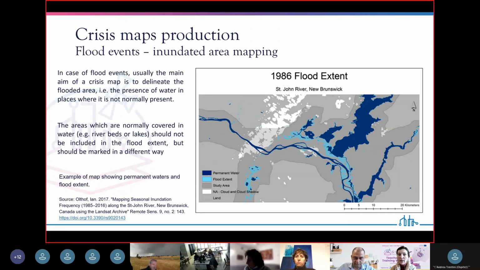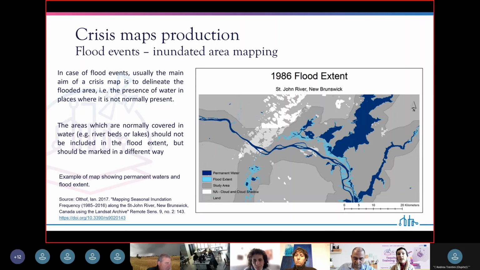So how can we get that information? We need to access other maps showing which are the rivers or the lakes existing over the area of interest. Or again, we can take advantage of the pre-event image, so that seeing where water is present in the pre-event image, we can assess the presence of not normal water, so water which is due to the flood.